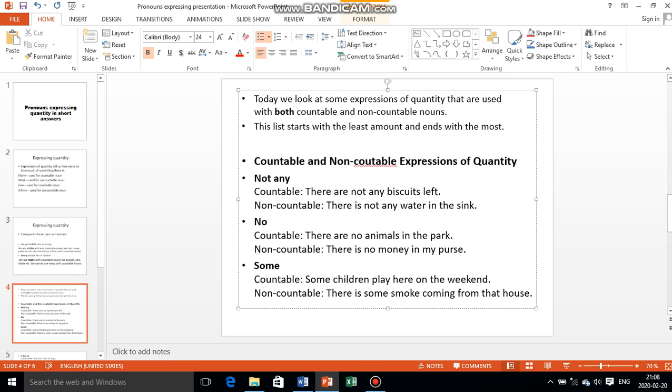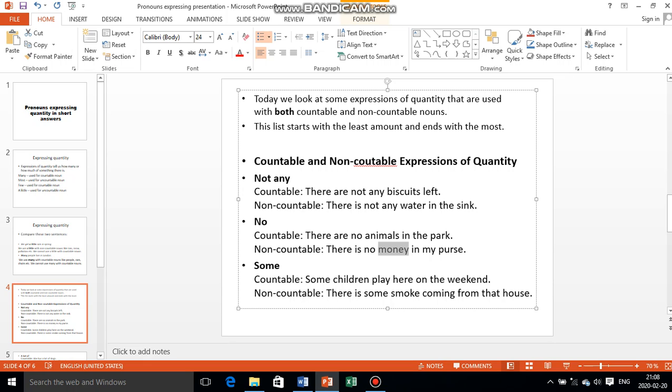Another one, no. There are no animals in the park. Animals are countable, so you can use no with countable. Now in uncountable, there is no money in my purse. So money is uncountable. Okay?